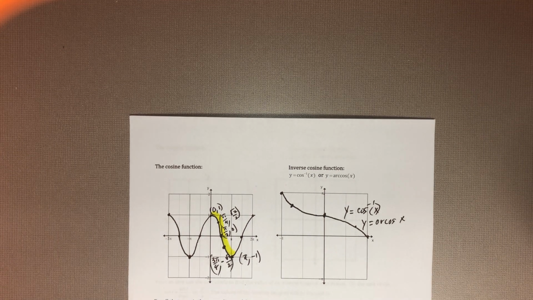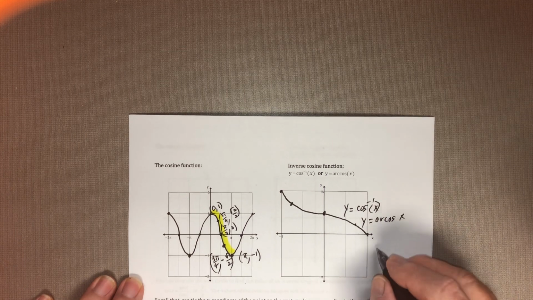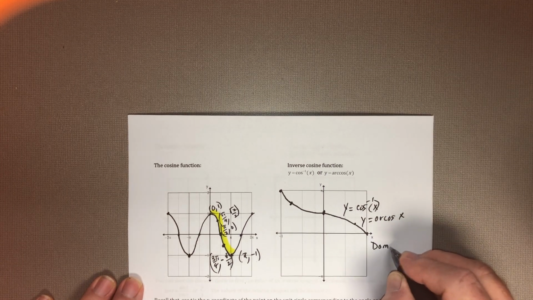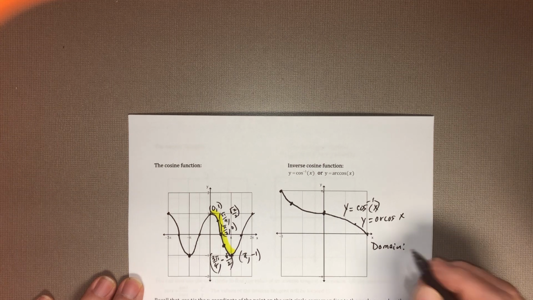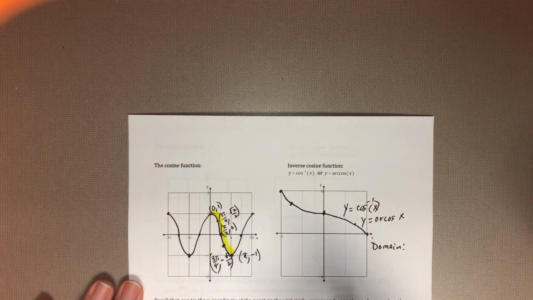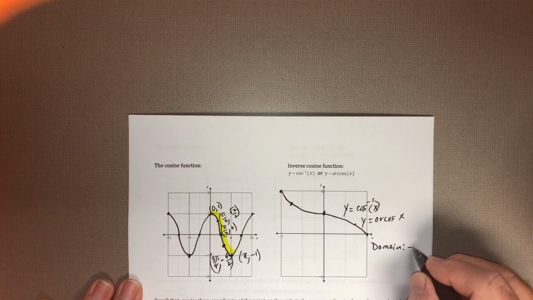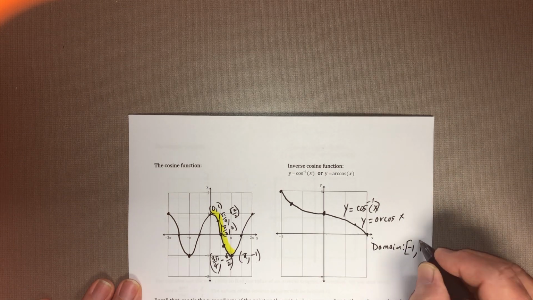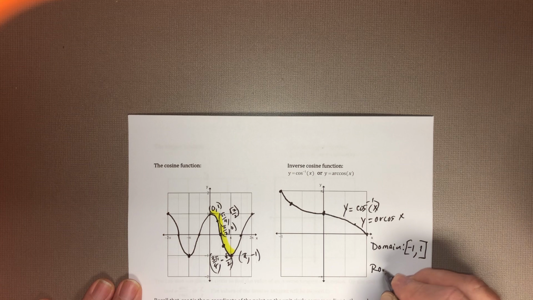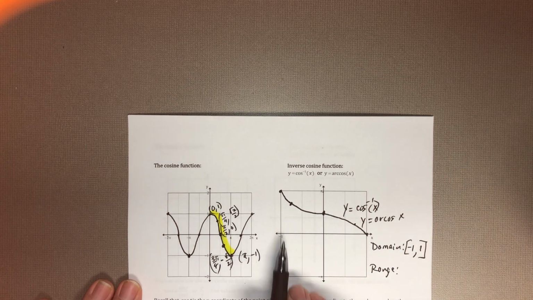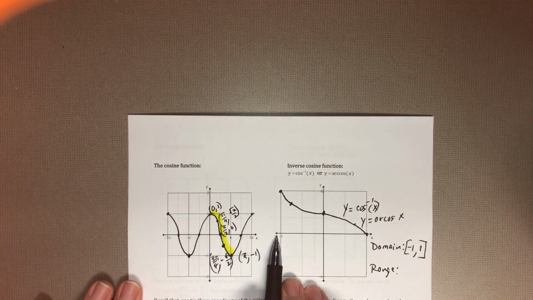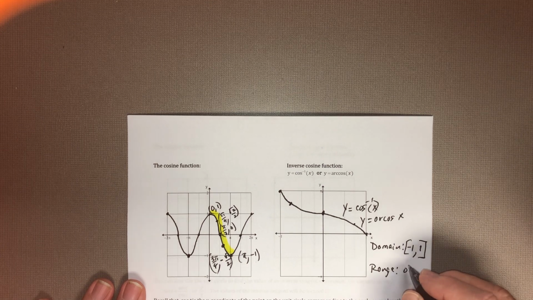Because of the range, and we didn't do this, let's go back and talk about the range. The domain of this function, we may want to come over here. The domain is the x-coordinates from negative 1 to positive 1, inclusive. And the range of this function is from 0 up to pi, inclusive. You do include both of those.